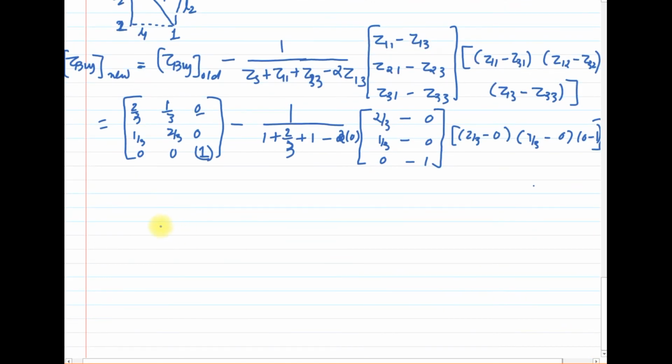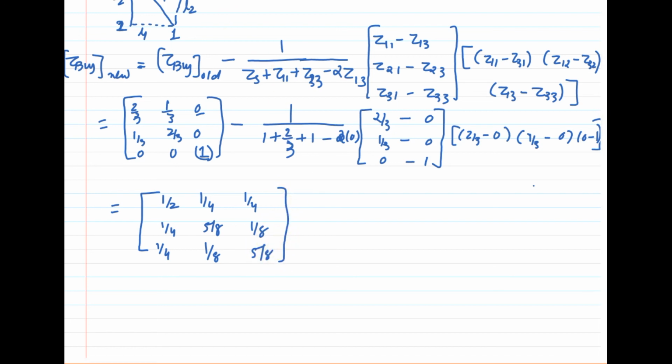Yes, I can write the final values and the final answer. So the solution of this network, or I can say the final answer, is 1 by 2, 1 by 4, 1 by 4, and 1 by 4, 5 by 8, 1 by 8, and 1 by 8, and the final diagonal element.